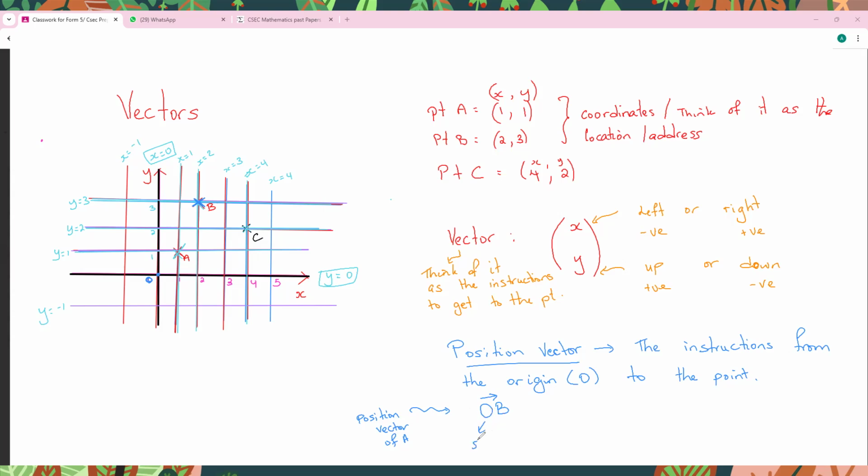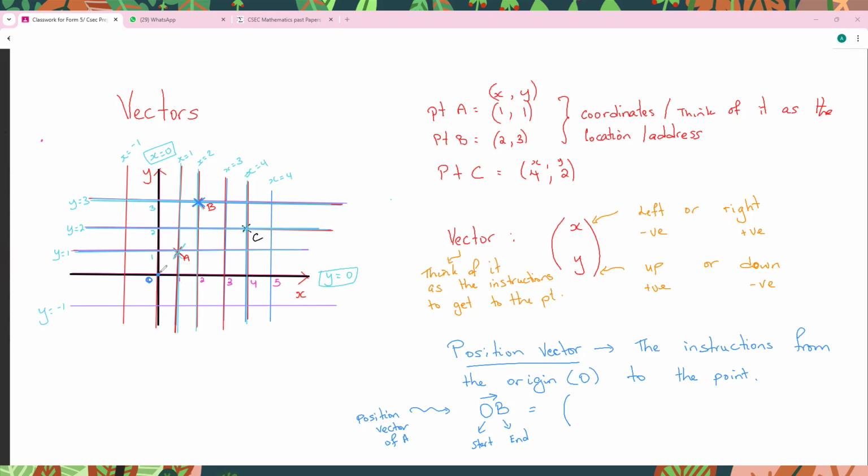You're starting from O and you're finishing at B, point B. So in order to write it as a position vector, you're going to put it as a column.